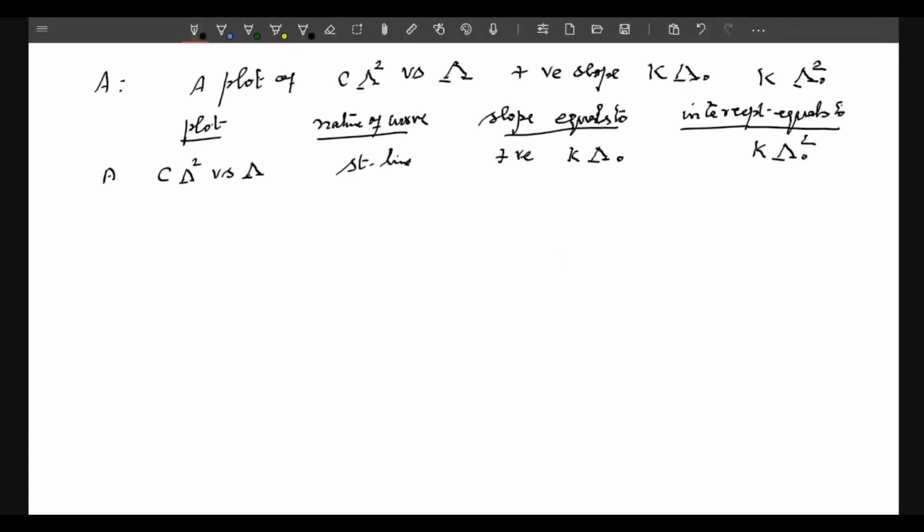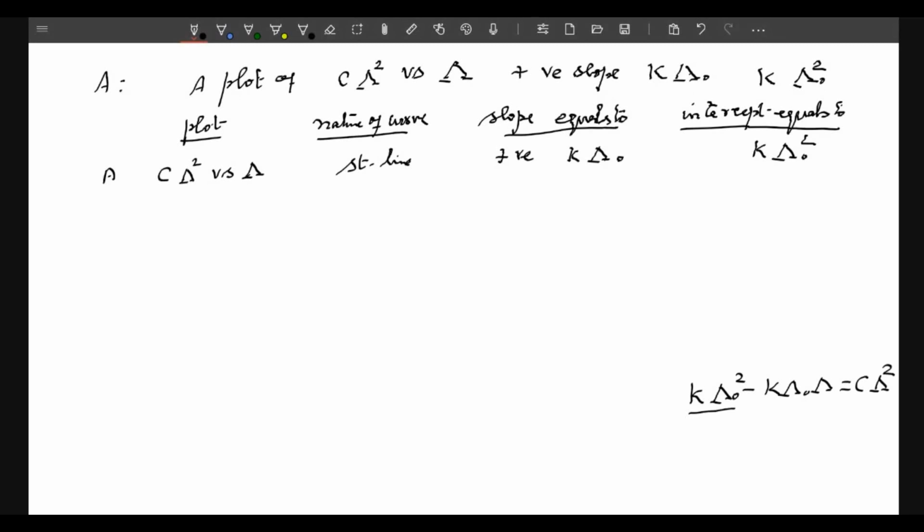Just now we have derived an equation. What is the equation we have derived? K lambda naught square minus K lambda naught into lambda is equal to C lambda squared.